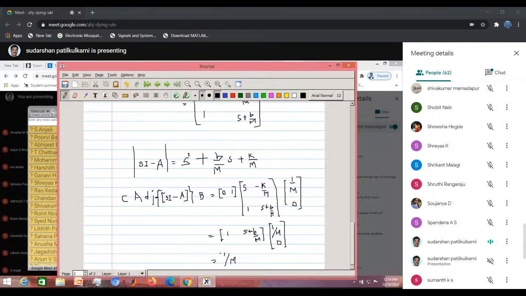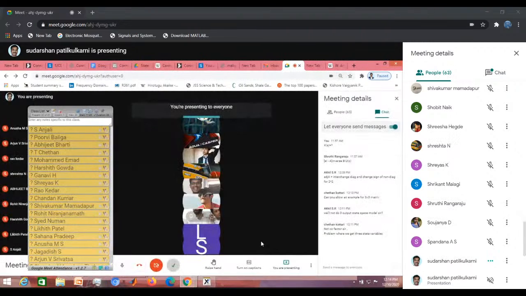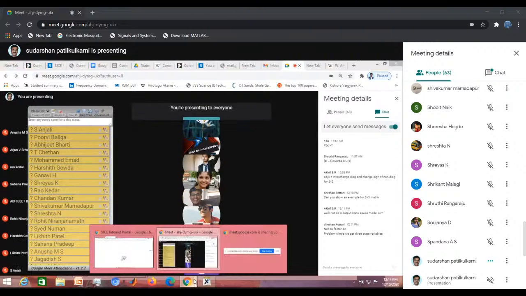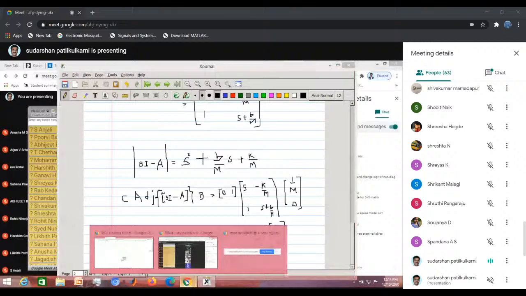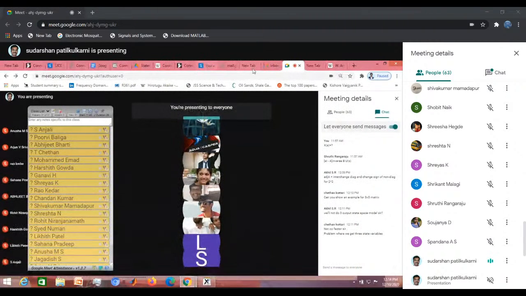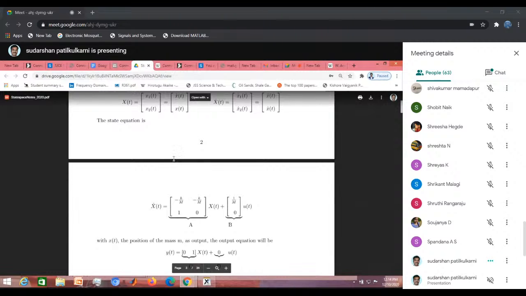So the numerator is 1 by M, the denominator is S square plus B over M into S plus K by M. That is the transfer function we got in the first week of this course.